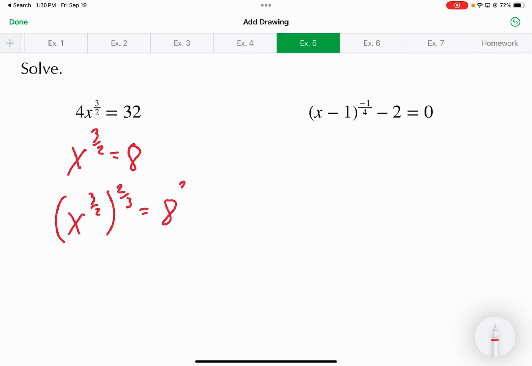So then I would have 8 to the 2/3 as well. So x equals, all right. Do I want to do the cube root of 8 first, or do I want to square it? If you square it, what do you get? 64. What's the cube root of 64? 3. So that works out. I would take the cube root of it first and get 2, and then 2 squared is 4.